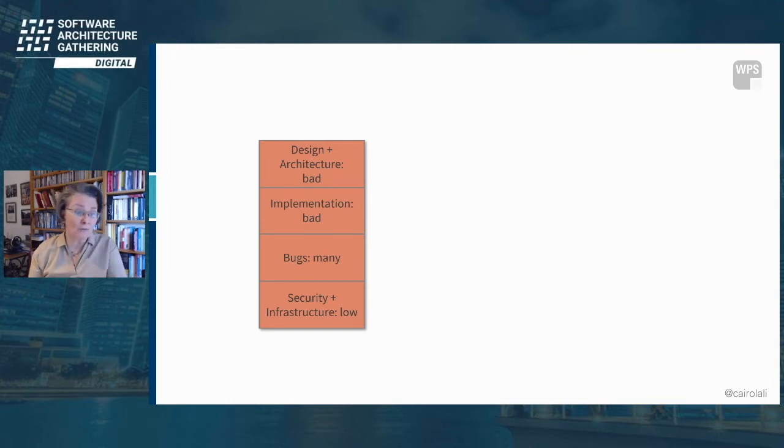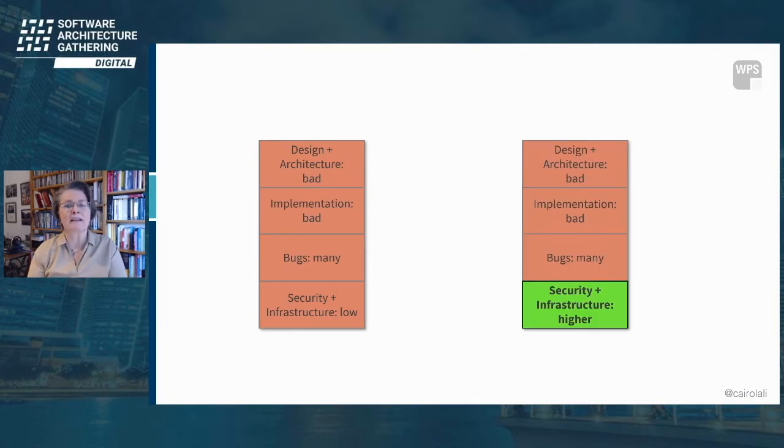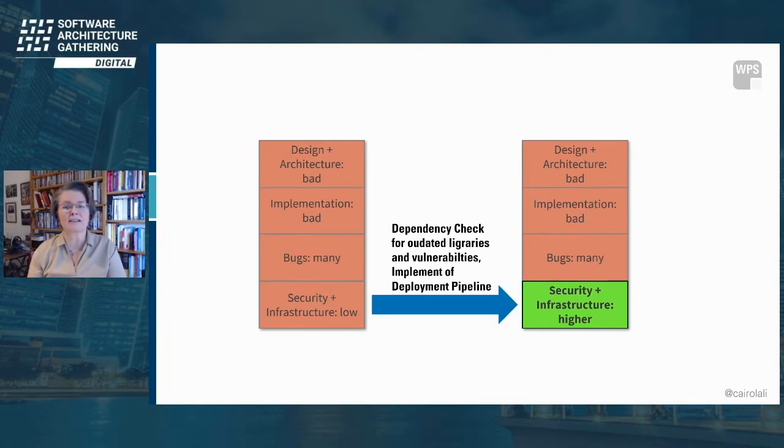So we always start at the bottom of the whole thing. To get a better security and infrastructure level, we have to do dependency checks and implement a modern deployment pipeline. This is always the first step of improvement that we do because it normally doesn't change the functionality of the software, but it really improves the quality of work, the quality of our feeling about the security.